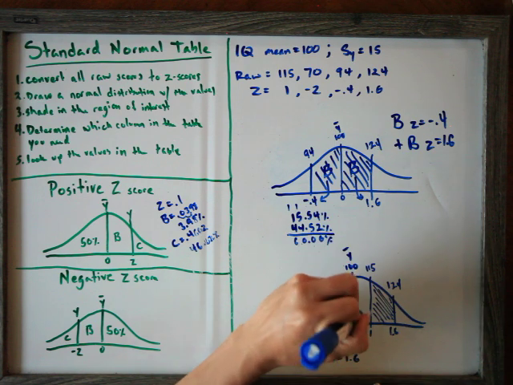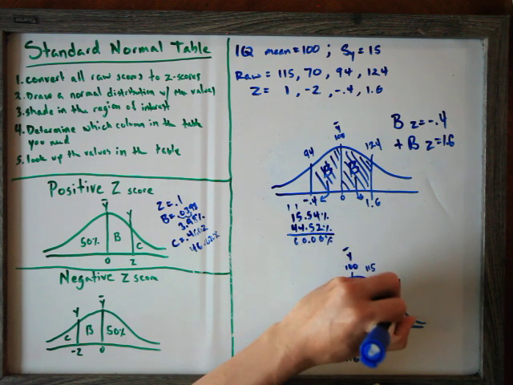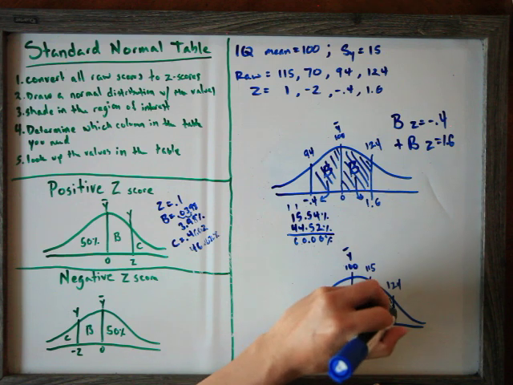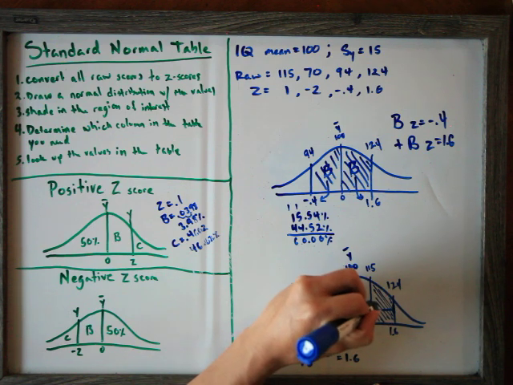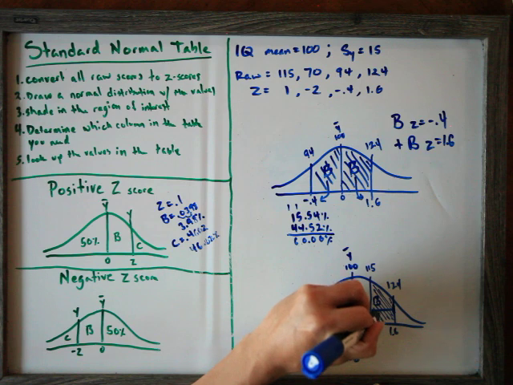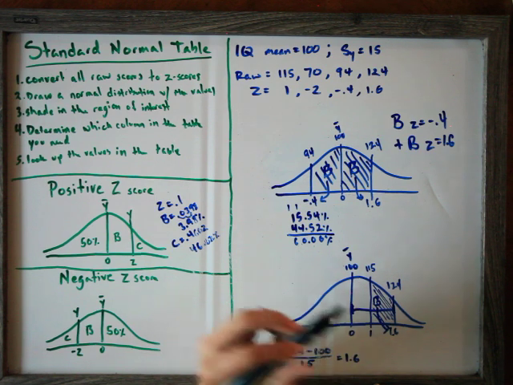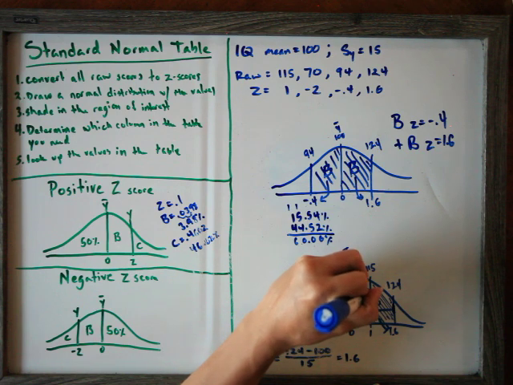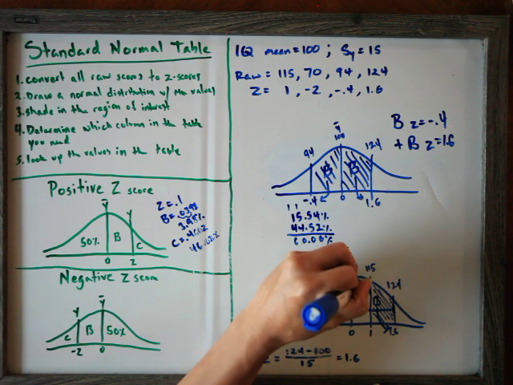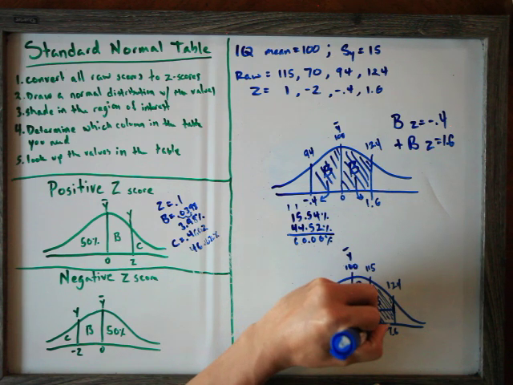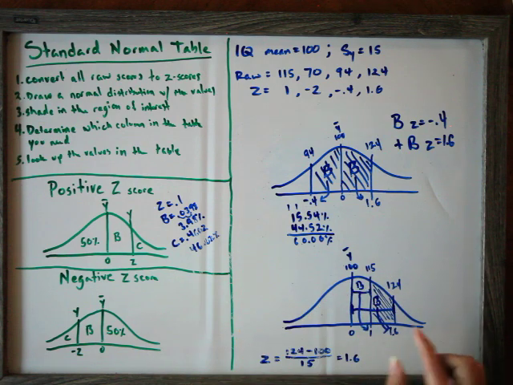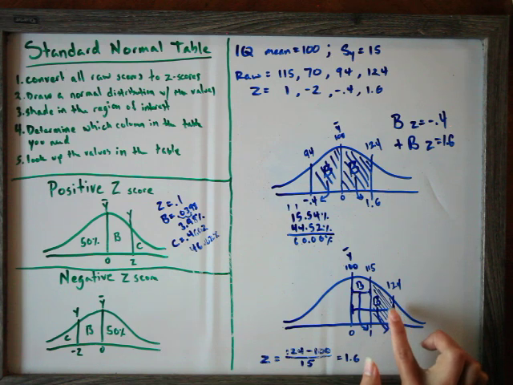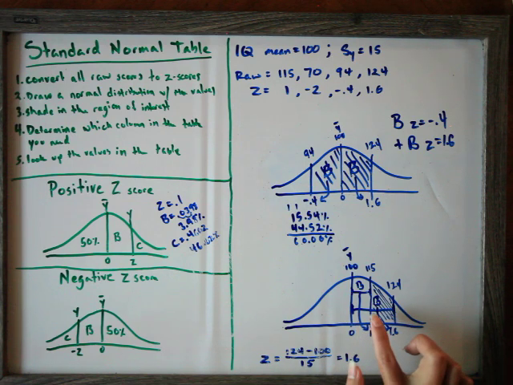Well, this area from here to here, from 0 to 124, is B for this z-score, right? And this area from 100 to 115 is B for this z-score. So to find this region, I need to do this whole B minus this smaller b.